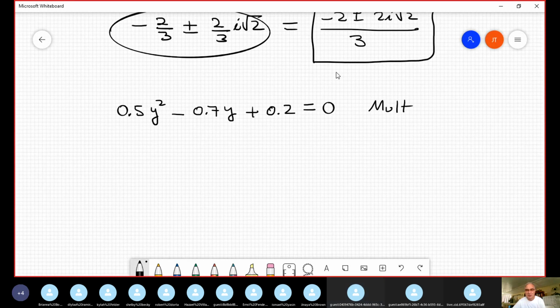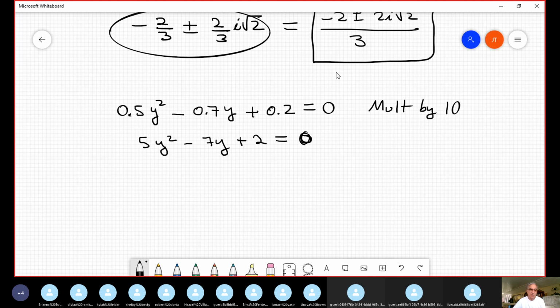Exactly. Multiply in order to get whole numbers, right? So multiplication by 10 or by 100 or by 1,000 is super easy because the only thing you should do is move the decimal point, in this case, one place to the right, no? This is 5y squared minus 7y plus 2 equal 0.